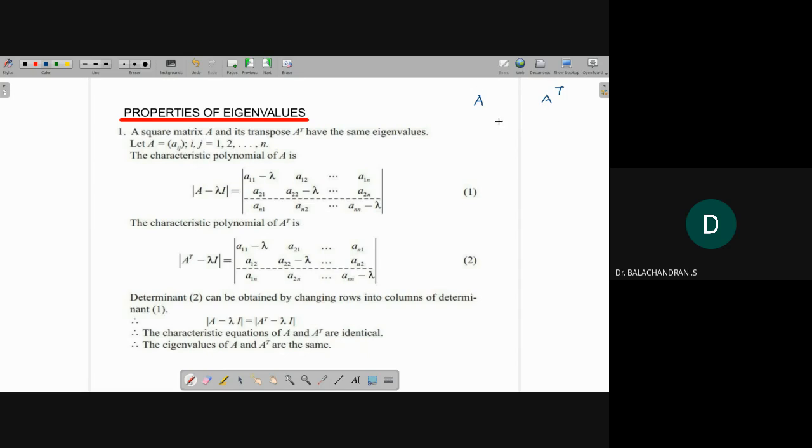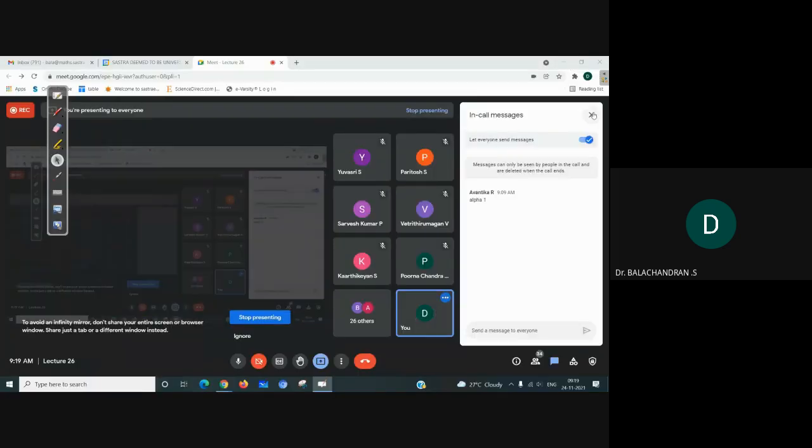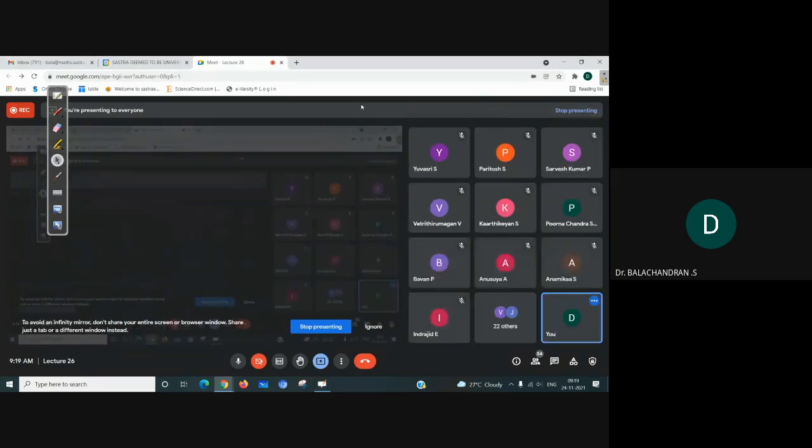Look at this proof. You can think about my question. When two matrices have the same eigenvalues, if you give the answer to my question, the proof is over. That's why I'm asking a question.